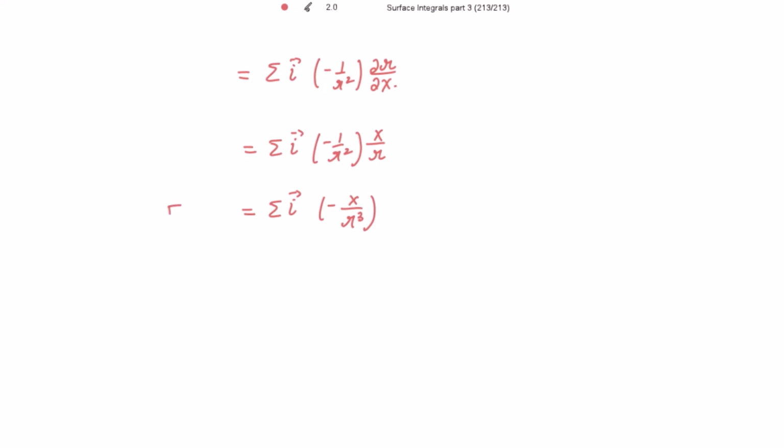And on the left hand side we have del xi. Now consider del squared xi, that will be equal to del dot del xi, which is the divergence of del xi, right?